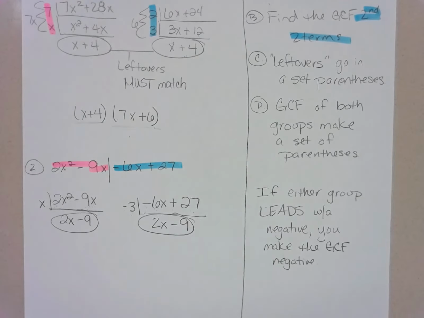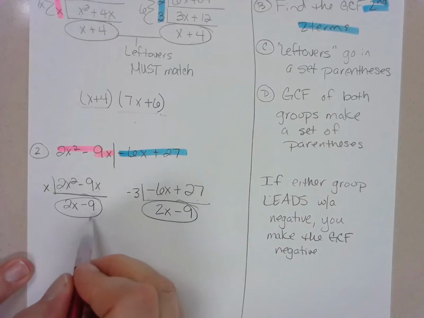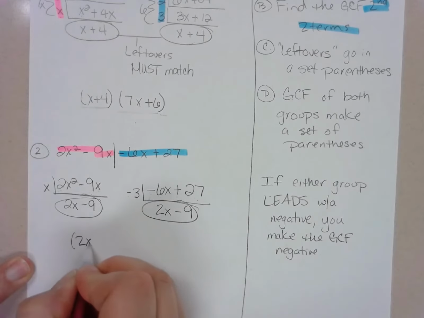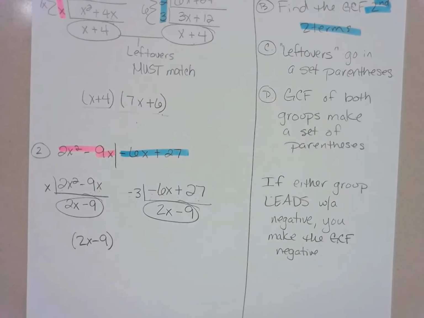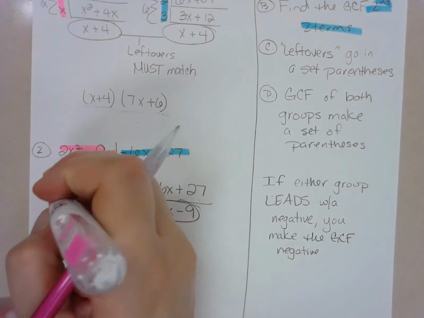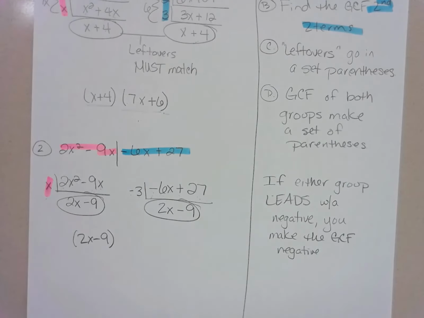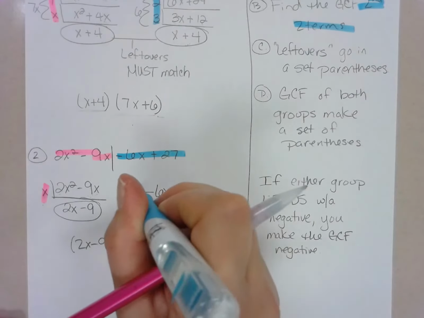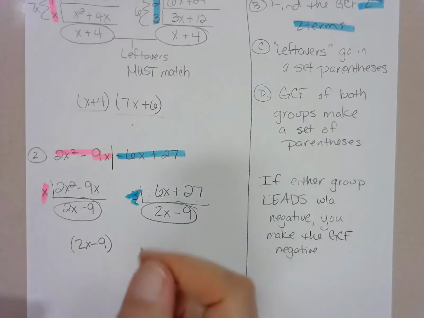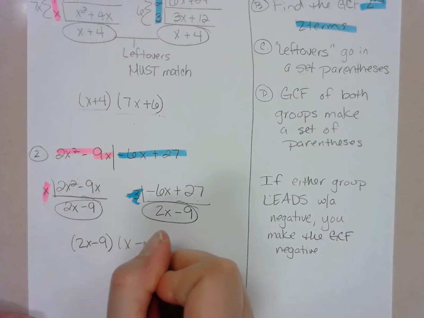Yes. If my leftovers match, that's when I can start writing my answer. So I'm going to take my leftovers, and that's going to become the first half of my answer. And the second half of my answer is going to be those things that I factored out. So that x and that negative 3. So my second set of parentheses are x minus 3.